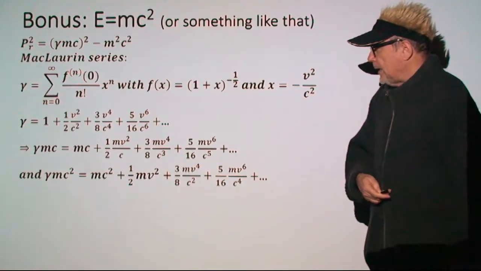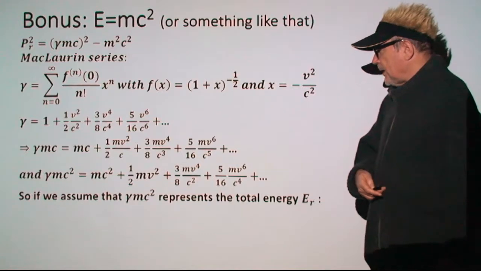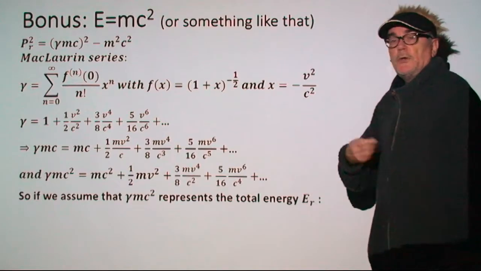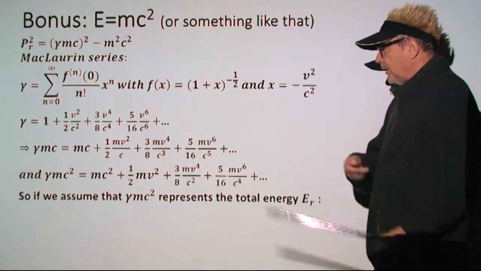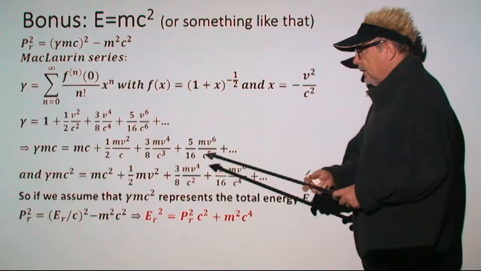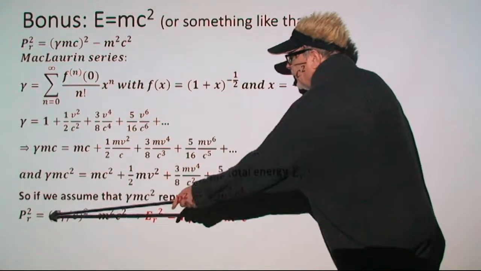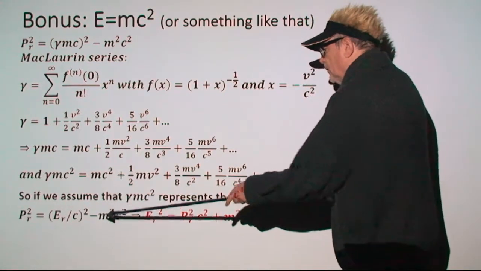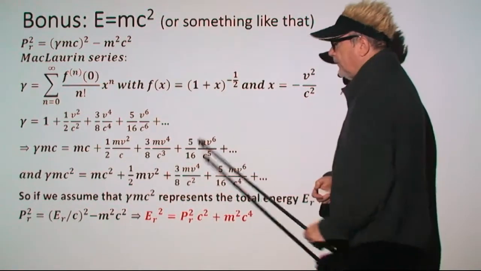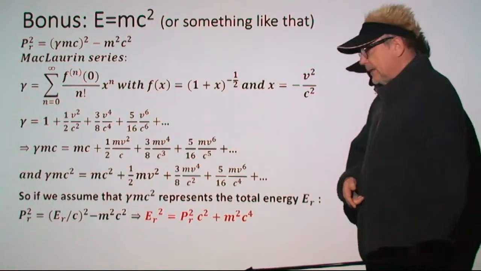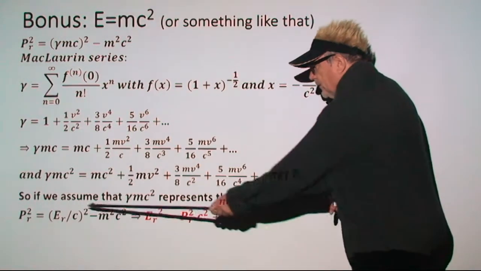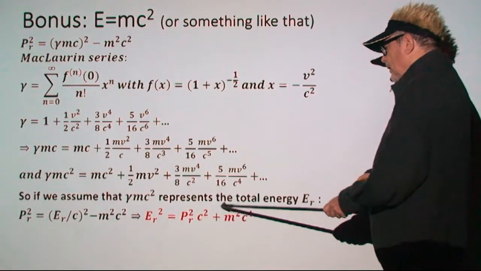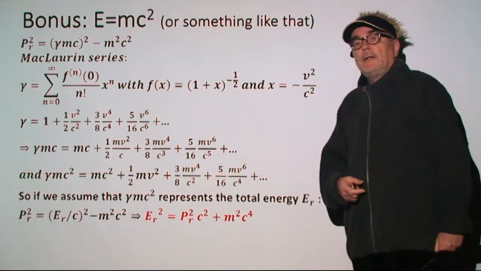And if we assume that this represents the total energy of the object, then we can get from this p squared equals E over c squared, minus m squared c squared. Therefore, from this we get E squared equals p squared c squared plus m squared c to the 4th power.